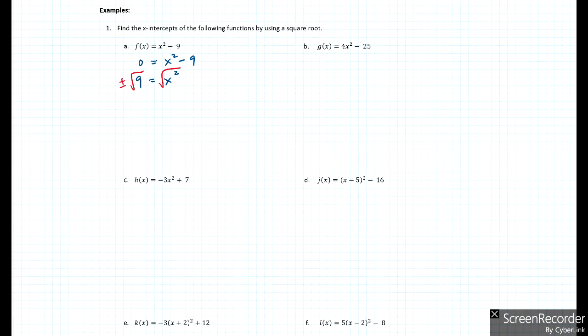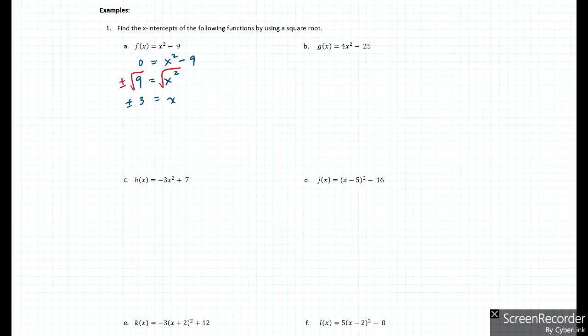So the answer in the end is plus or minus 3 is equal to x. We use this notation for plus minus square root of a constant to make sure we get both square root answers. That's how we guarantee we will get two different values when we're working with this quadratic function.